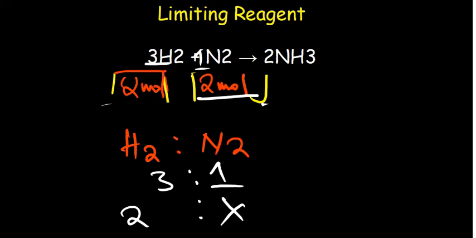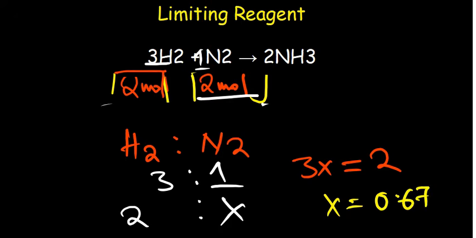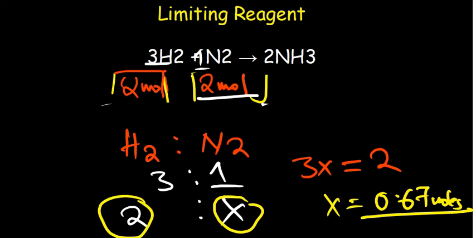Determine the number of moles of nitrogen that reacted. If you cross and multiply, you're going to have 3x equal to 2, and 2 divided by 3 gives 0.67. So 0.67 is the number of moles of nitrogen that had reacted. So x is representing the number of moles of nitrogen that had reacted with 2 moles of hydrogen.